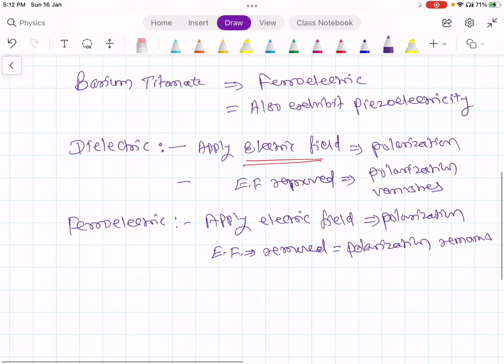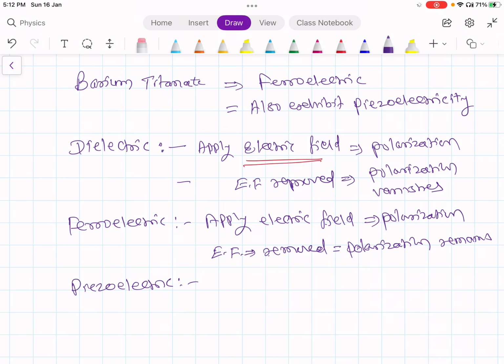Then let's go to see what is piezoelectric. Piezoelectric, like this barium titanate or quartz, these are the piezoelectric materials.